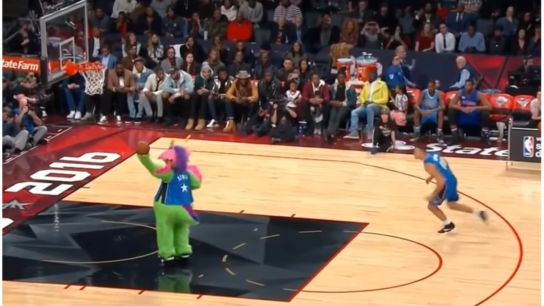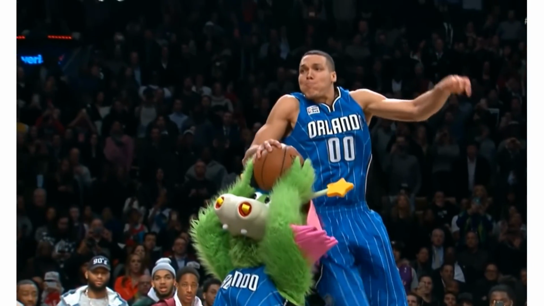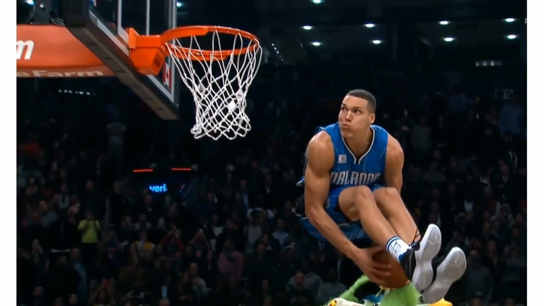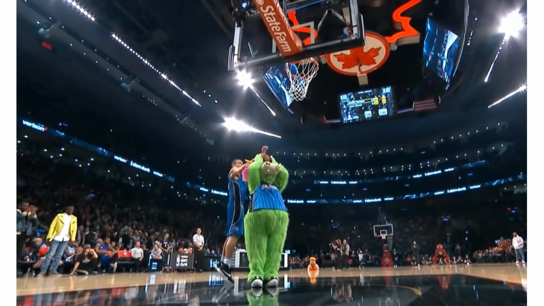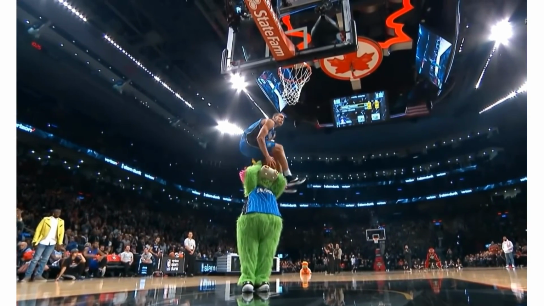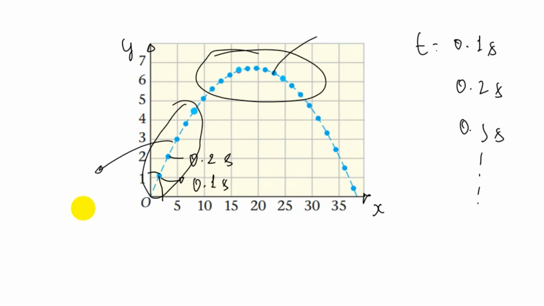And this is the reason it seems that the basketball player rises very fast towards the slam dunk, as you can see in this video. So this is all happening because of the laws of physics that we studied just now. So this is all for this video, and in the next video we'll see a few more examples on general launch angle.